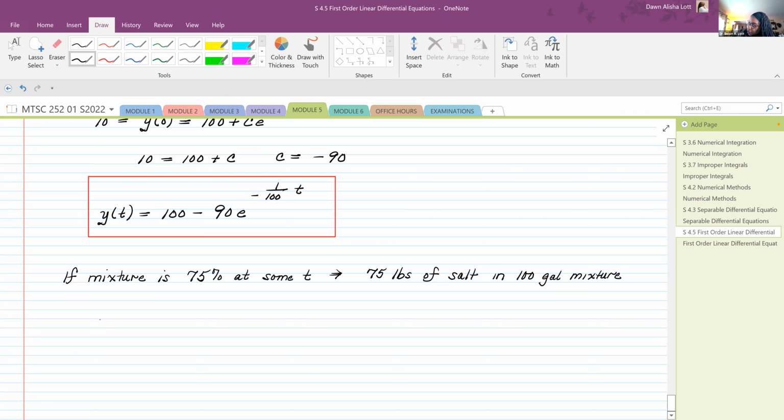So we need 75 to be 100 minus 90 e to the negative 1 over 100 t.